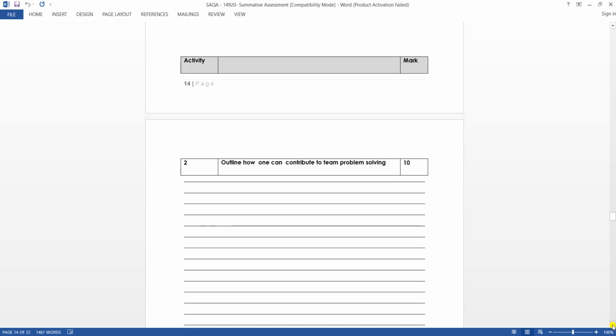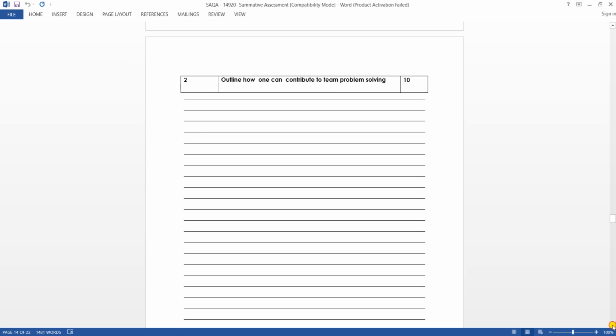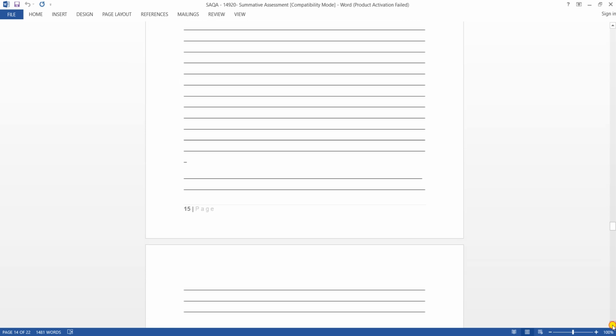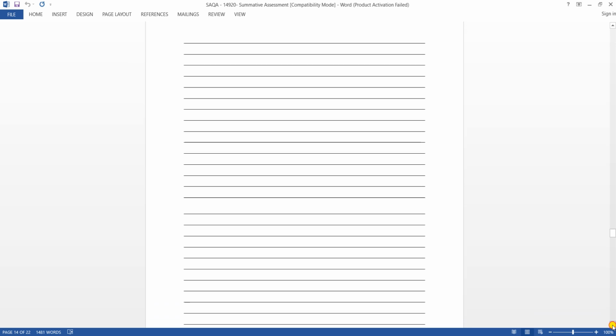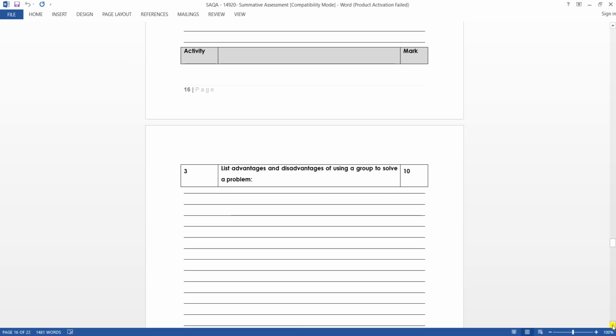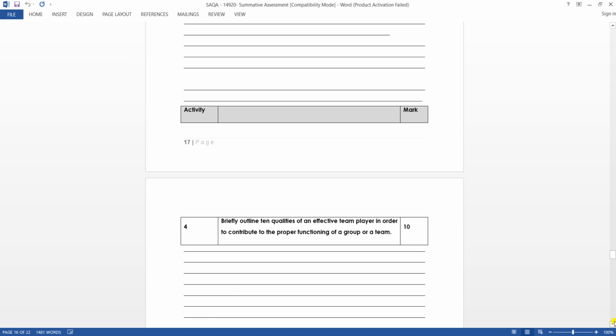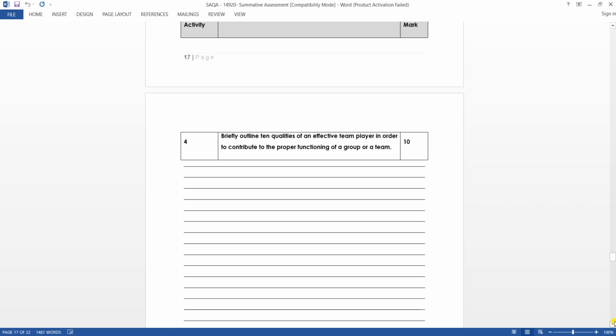Also, for activity 2, you need to outline how one can contribute to team problem solving. That's for 10 marks. Activity 3, you need to list advantages and disadvantages of using a group to solve problems. That's for 10 marks. Activity 4, you need to outline 10 qualities of an effective team player in order to contribute to the proper functioning of a group or a team.